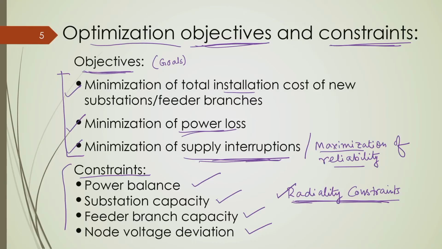I will not spend much time on it, but I will give you a basic idea, so that you have a fair idea about the different terminologies I will be using in discussing this planning problem. So, here I am going to discuss optimization.